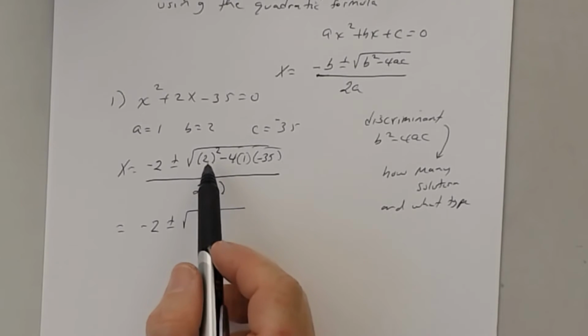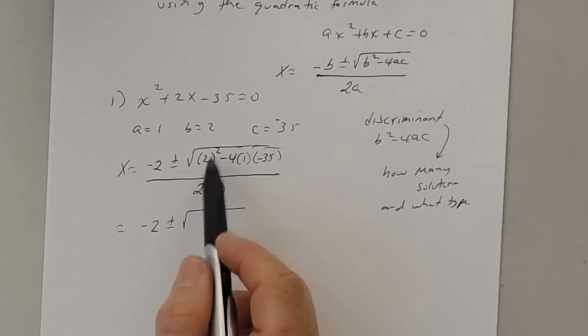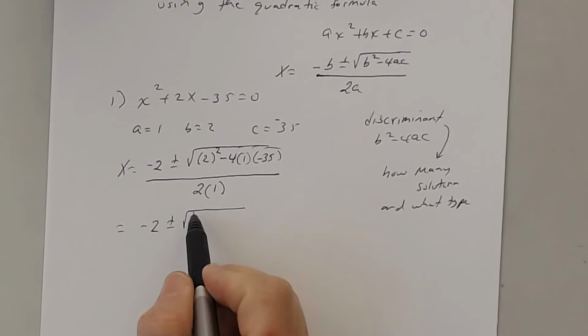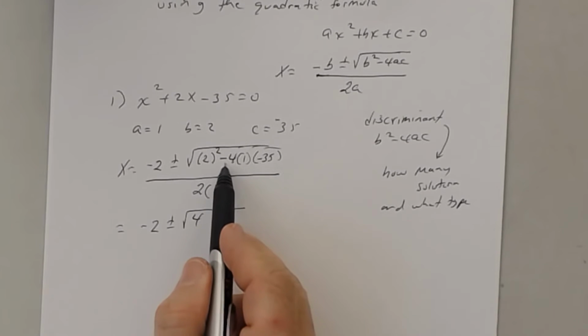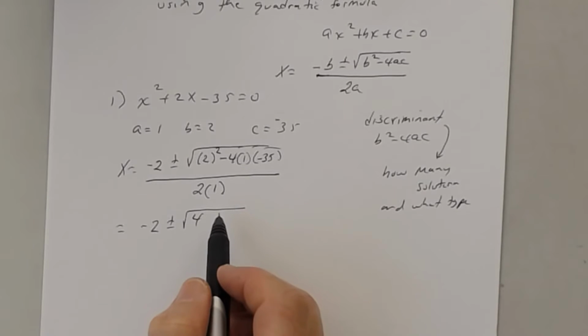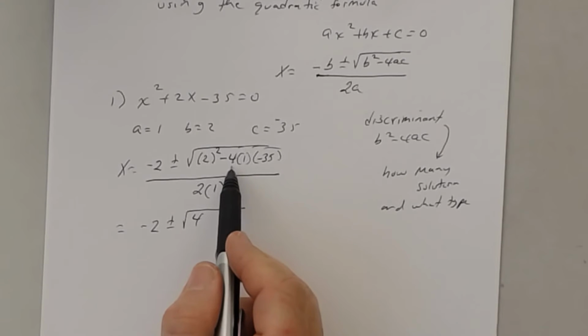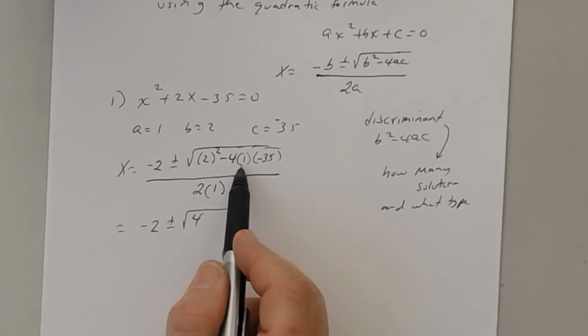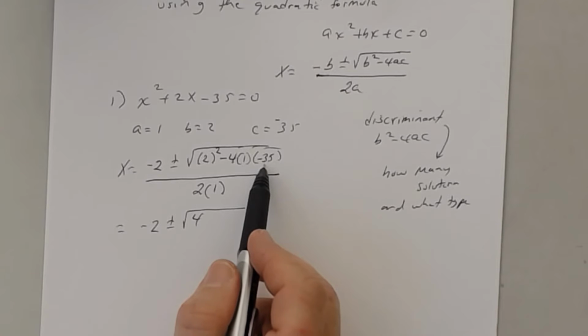All right, let's talk about the discriminant. What's 2 squared? 4. Now what's a negative 4 times a positive 1 times a negative 35?